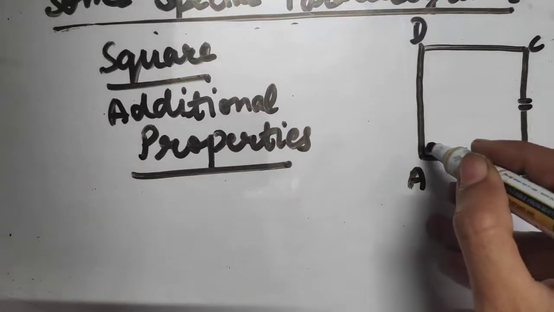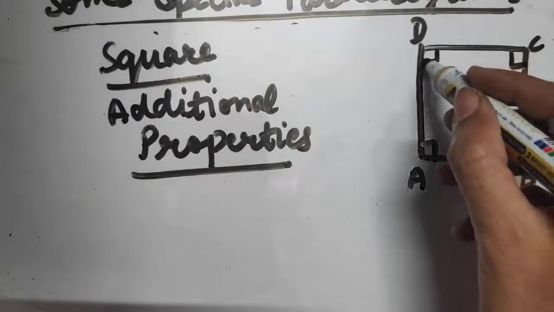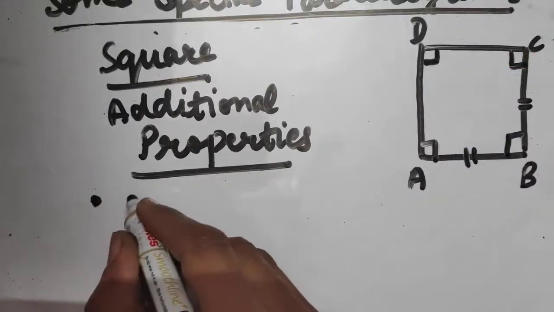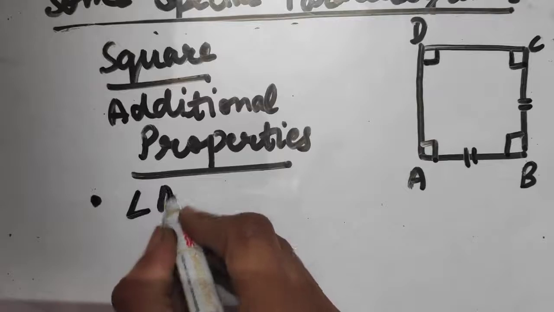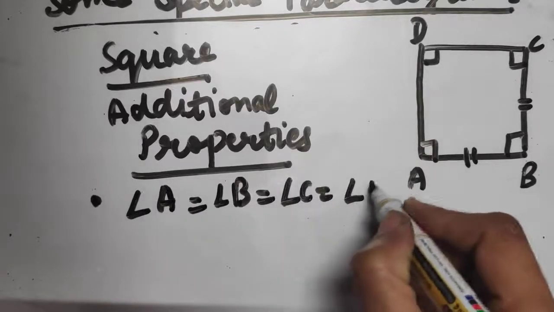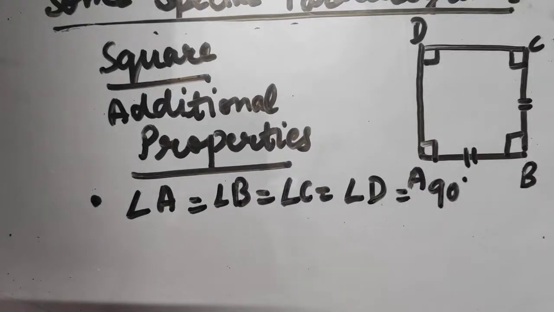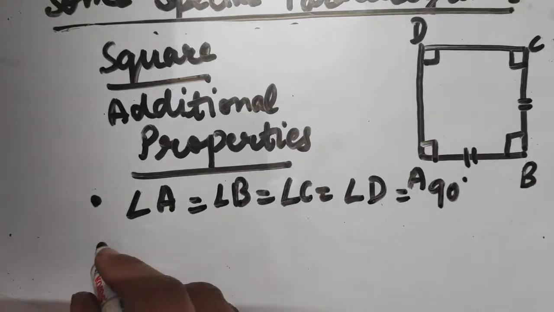It means angle A is equal to angle B is equal to angle C is equal to angle D, that is equal to 90 degrees. Let us talk about the second property now.